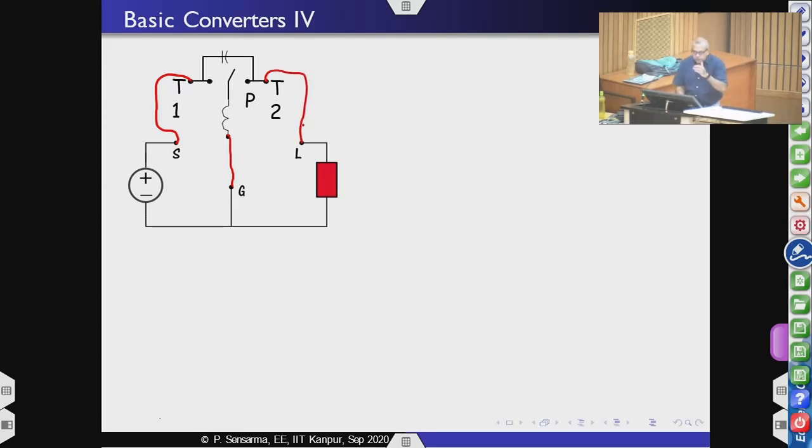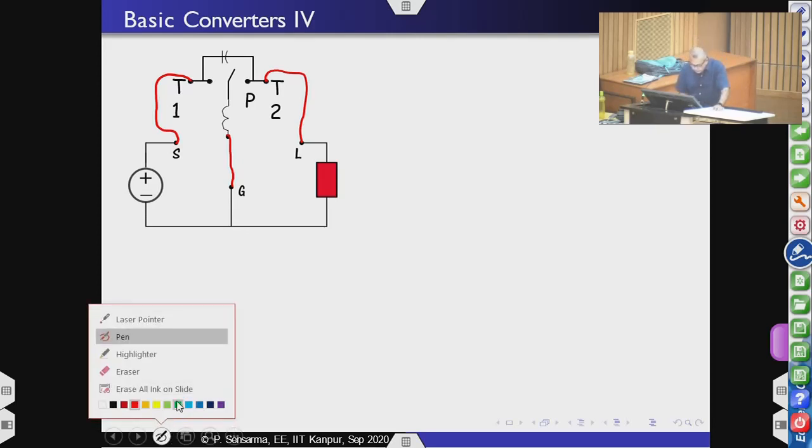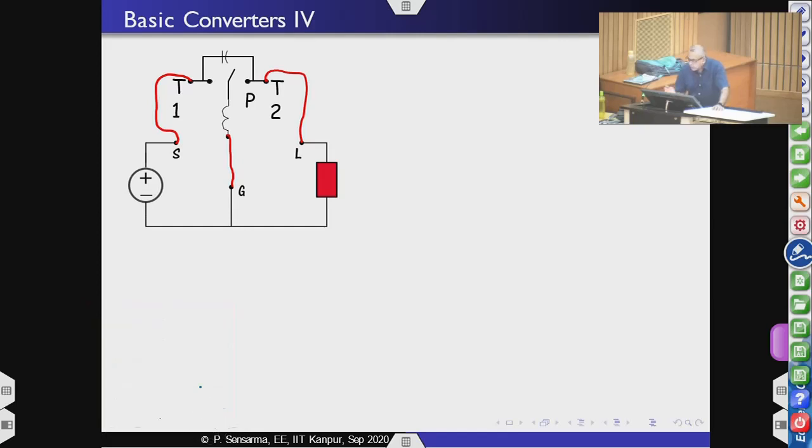So, that is the corresponding converter. I will just draw the converter circuit separately.